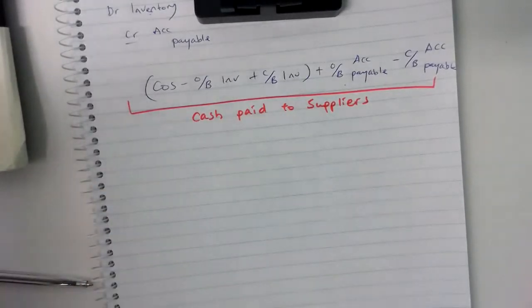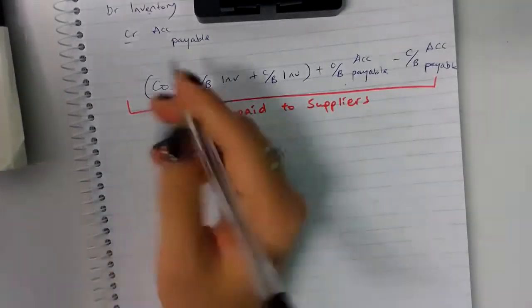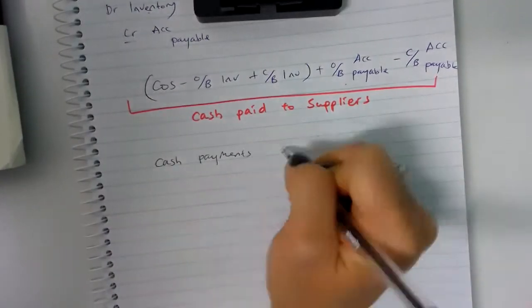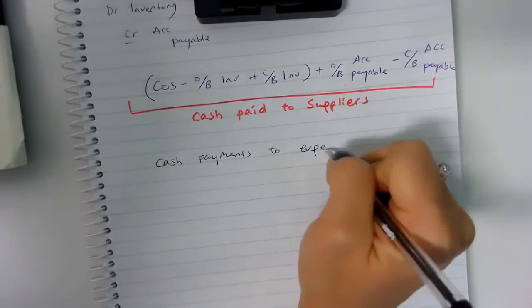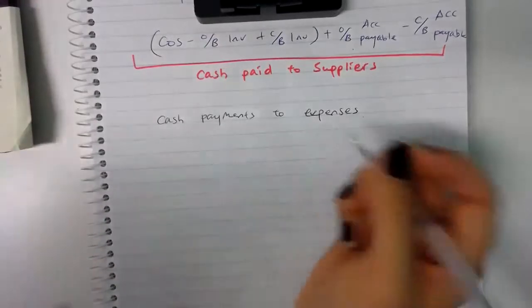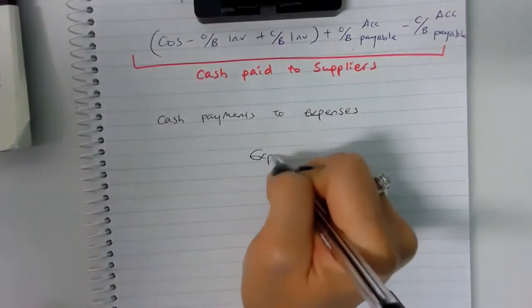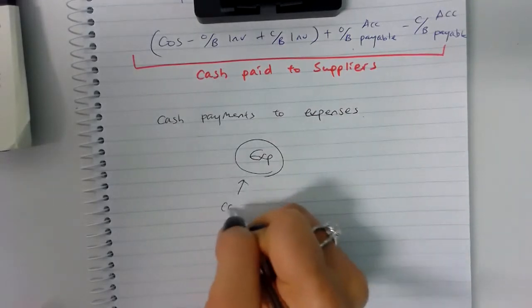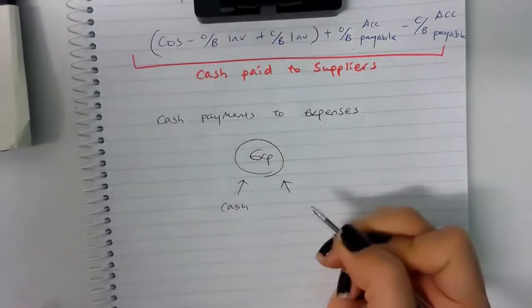Now we need to work out cash payments to expenses. There are two things that you need to understand here. When we look at the income statement, then we can get expenses. Now, this could be paid already or still not paid.